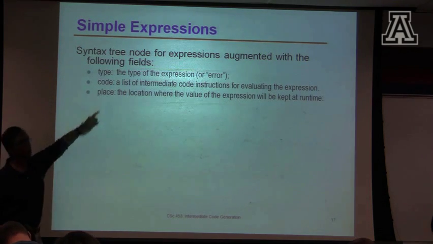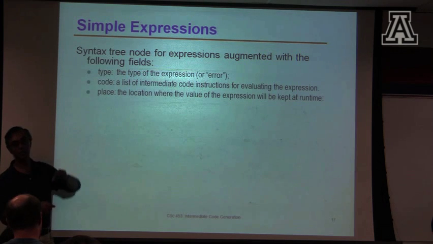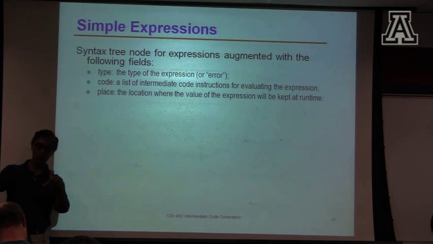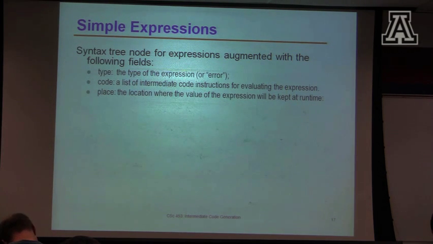So the syntax tree node for the expression now has this new field added to it, which says, by the way, when you're done, this pointer is the location where the value of this expression will be found at runtime. Okay?